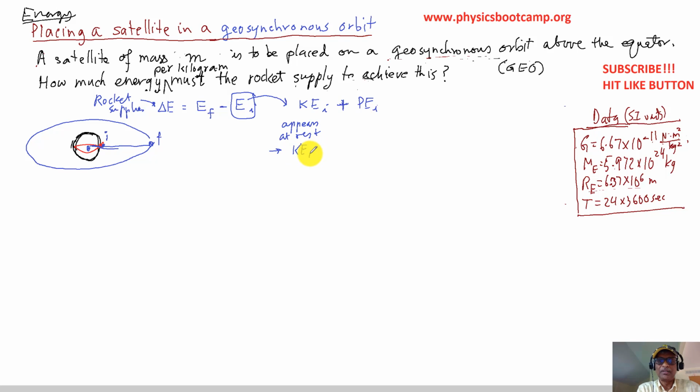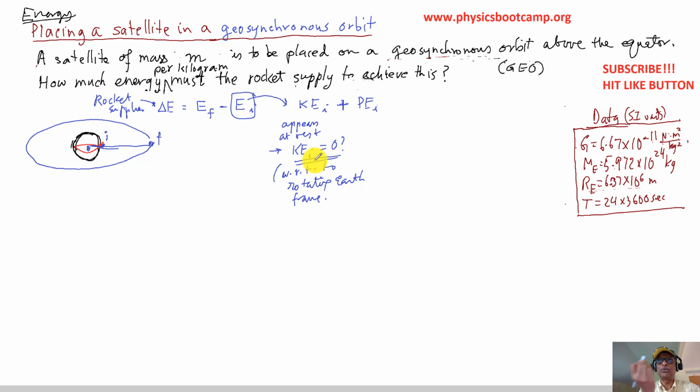So you think kinetic energy I is 0. But this whole law, the way we've derived it, is in an inertial frame. This is 0 with respect to the rotating Earth frame.